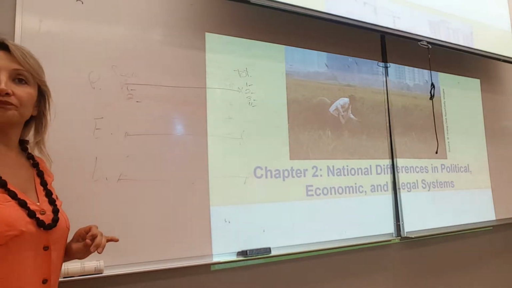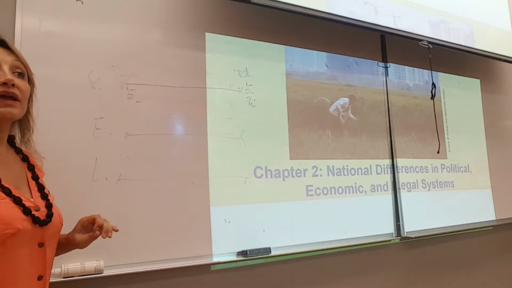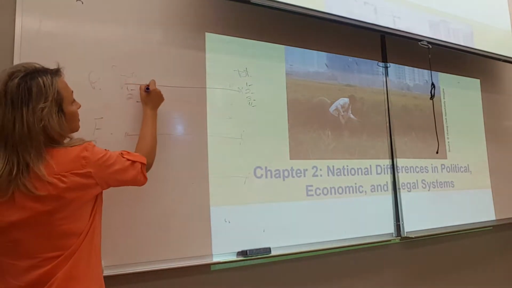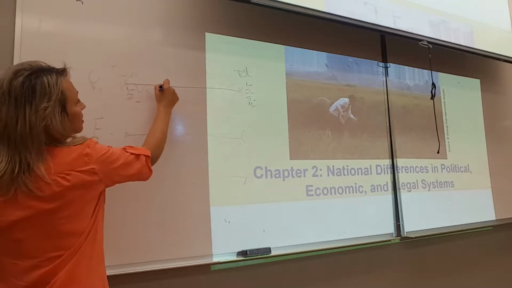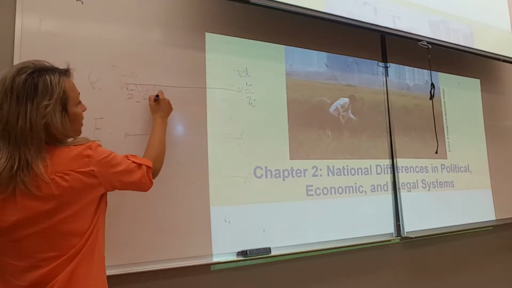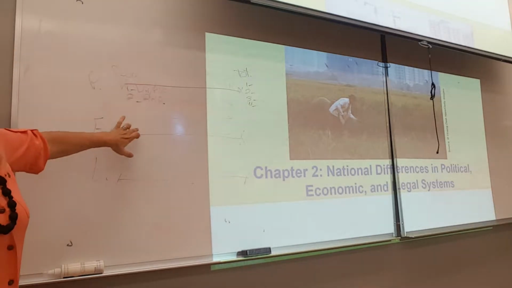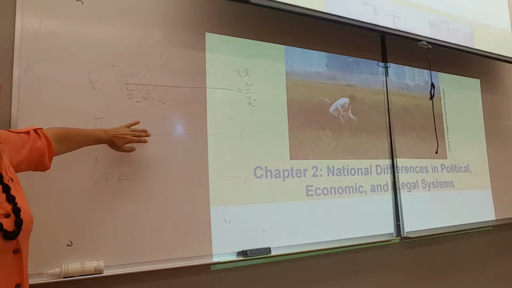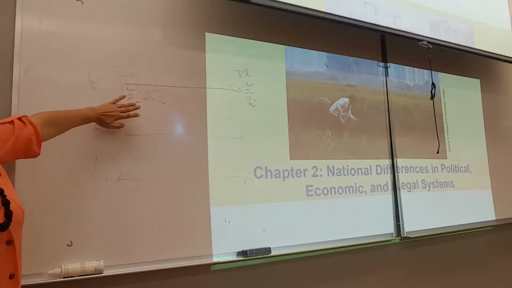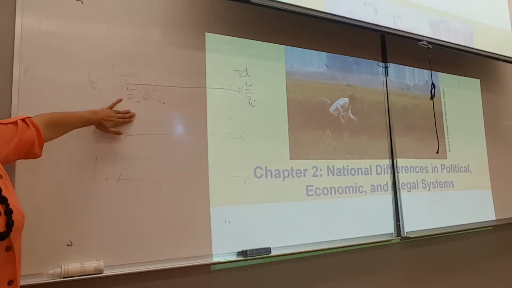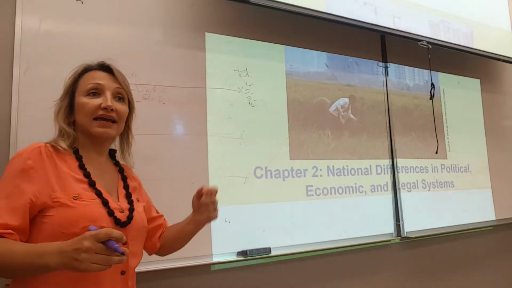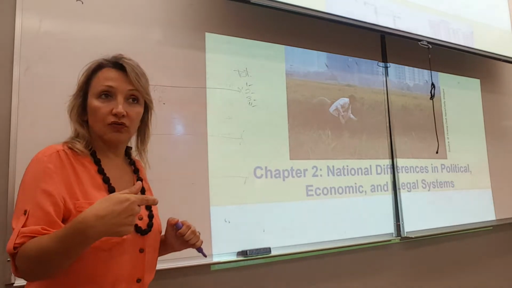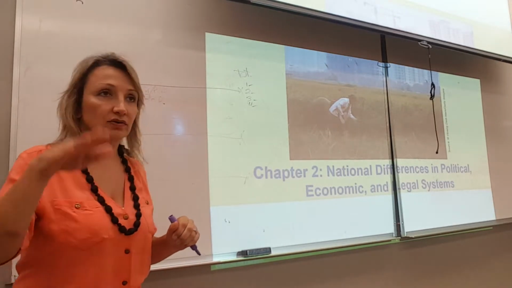We have representative democracy, and we have direct democracy, or pure democracy. In the United States, we're practicing representative democracy because we vote, we elect our congressmen, congresswomen, and senators, and they vote on the bills.